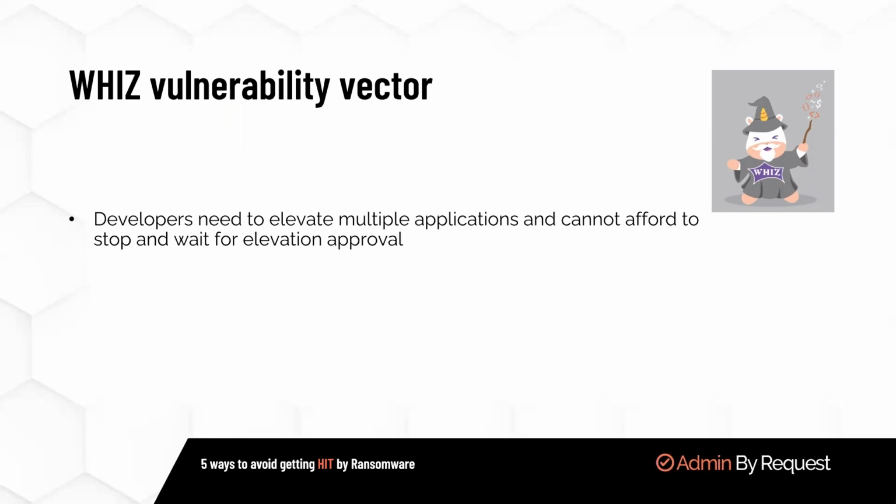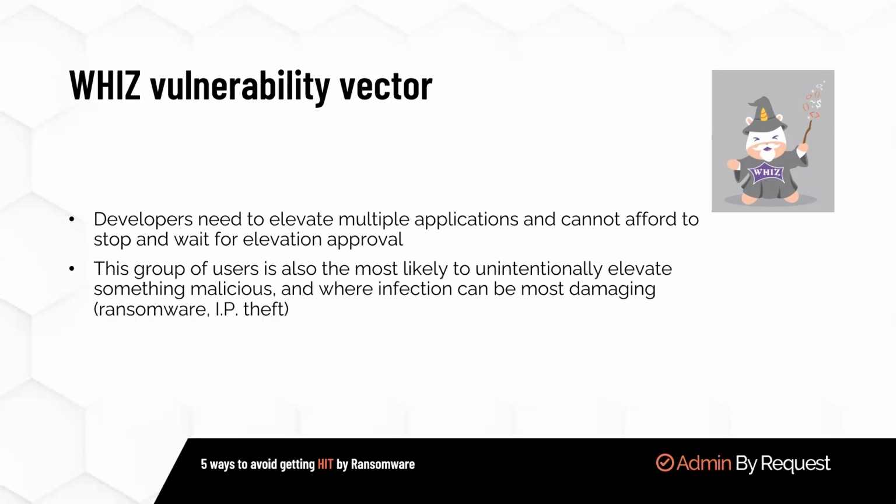They have to elevate multiple applications, and they can't afford to stop and wait for approval. This group of users is also the most likely to elevate something malicious, simply because of the volume of elevations they're doing, and in particular the kind of stuff they're working on.